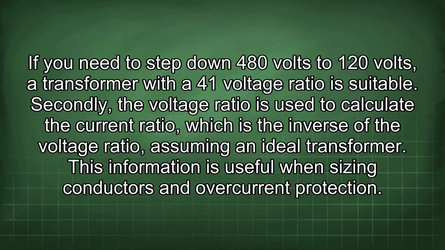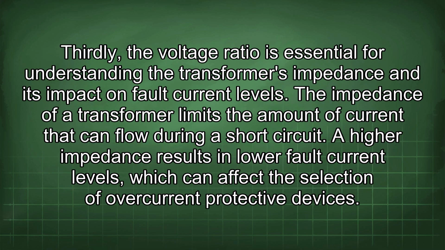This information is useful when sizing conductors and overcurrent protection. Thirdly, the voltage ratio is essential for understanding the transformer's impedance and its impact on fault current levels. The impedance of a transformer limits the amount of current that can flow during a short circuit. A higher impedance results in lower fault current levels, which can affect the selection of overcurrent protective devices.